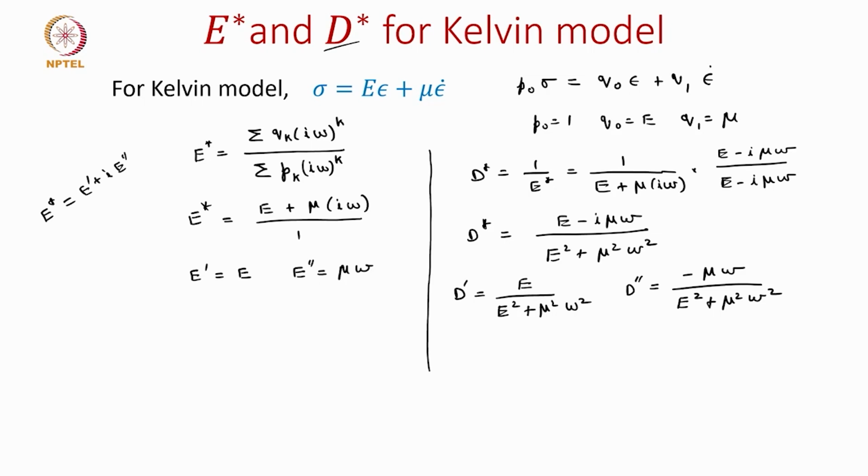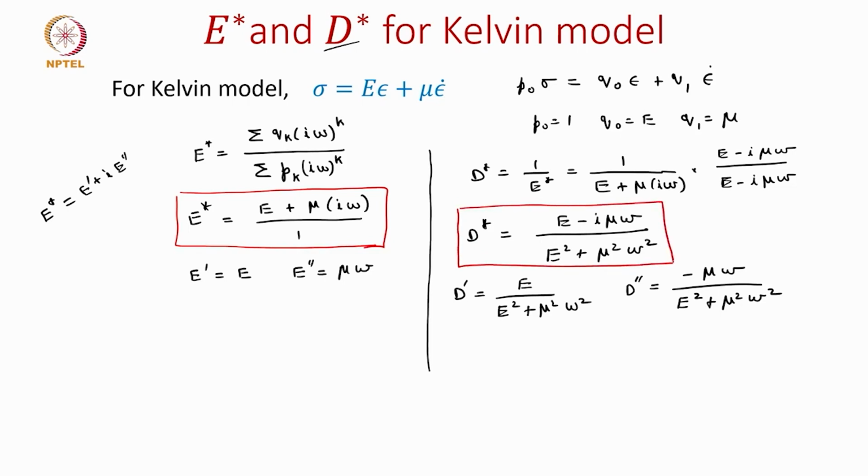Now, let us see once we plot it how they look like. So, mind you, here in this slide we have shown that both the E star and D star are functions of omega, meaning E star is a function of omega as well as D star is a function of omega.